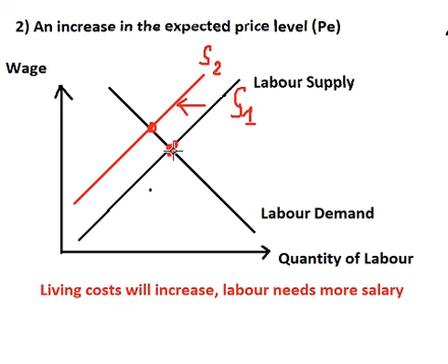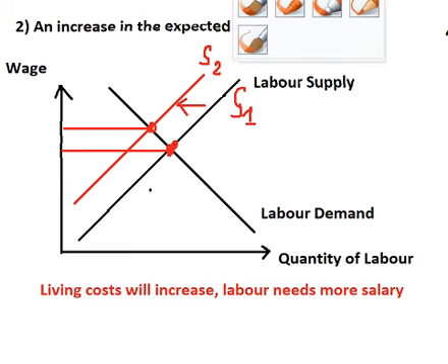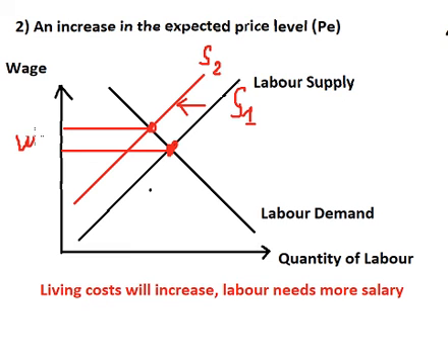From this point, we can see that wage number 1 will go to wage number 2, and Q number 1 will go to Q number 2.